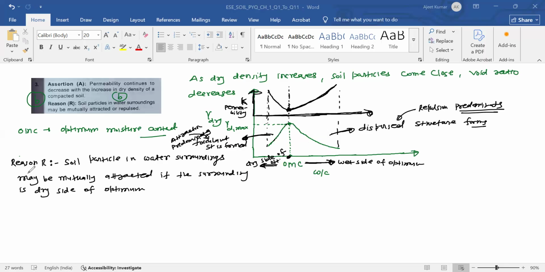So I am writing this explanation in paragraphs. Soil particles in water surrounding may be mutually attracted if the surrounding is dry side of optimum, and a flocculent structure is formed.